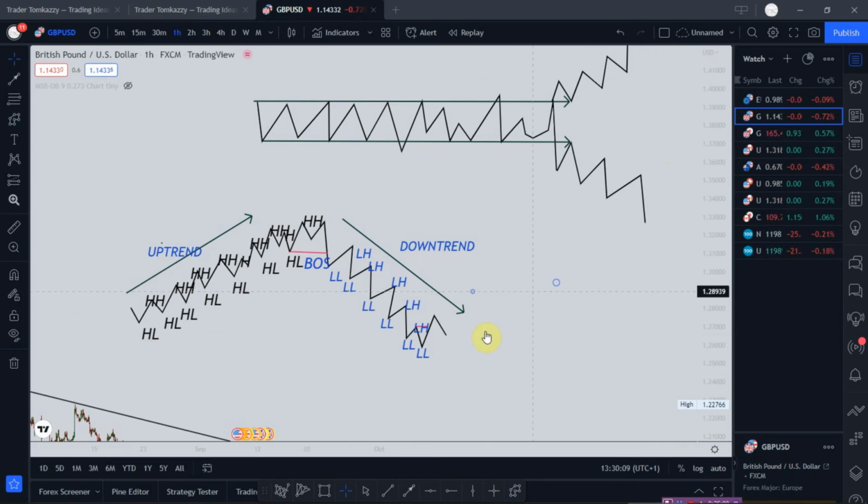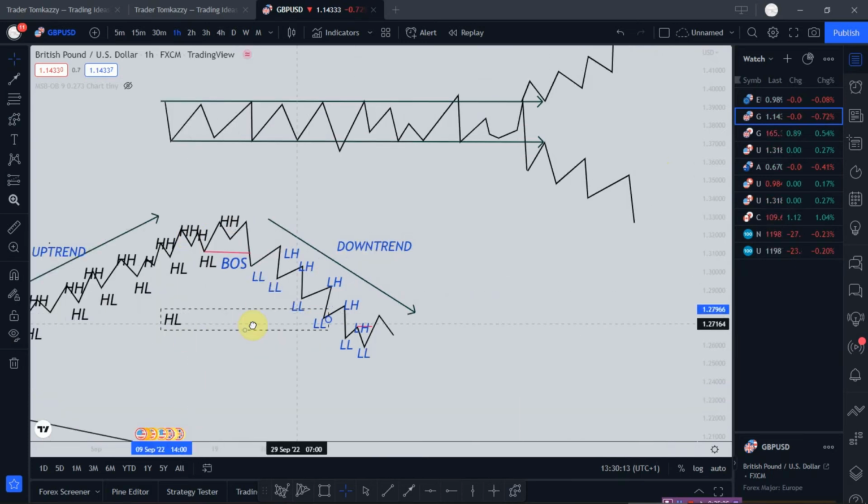We first discussed the higher highs and higher lows. We went ahead to discuss the lower lows and the lower highs.